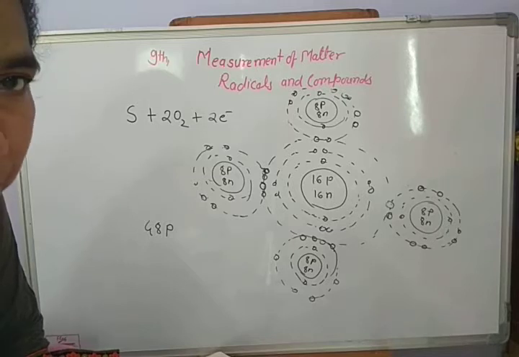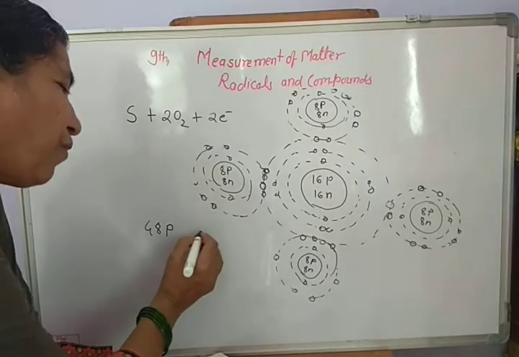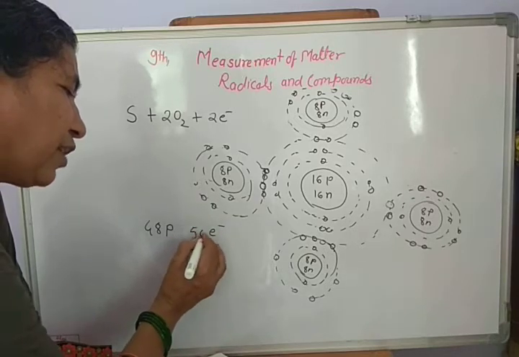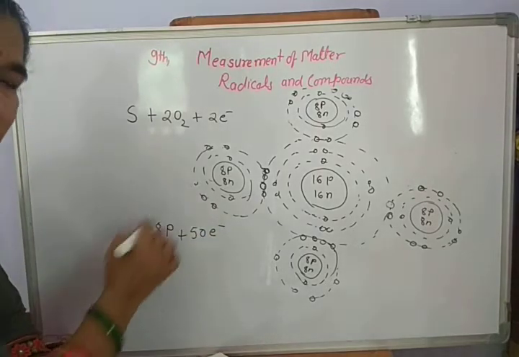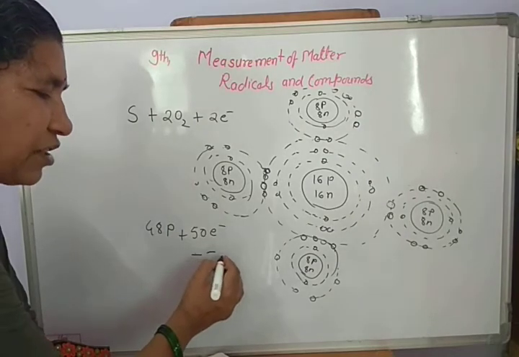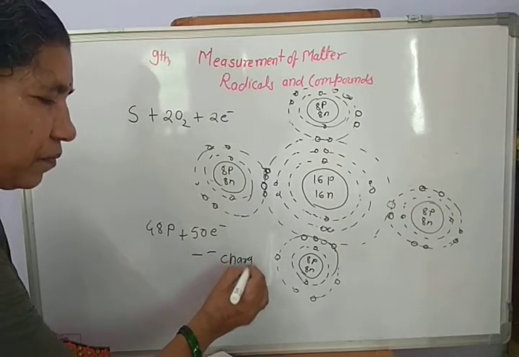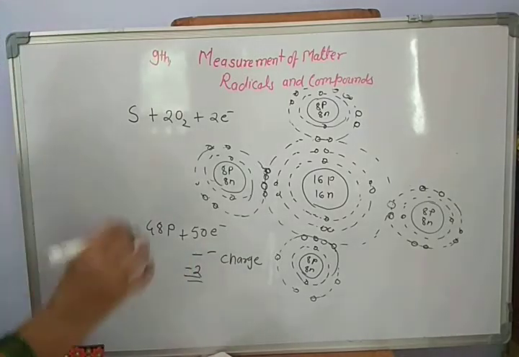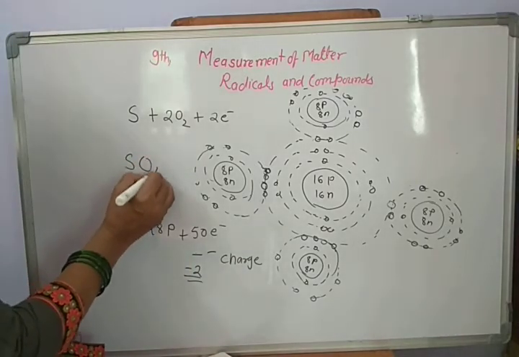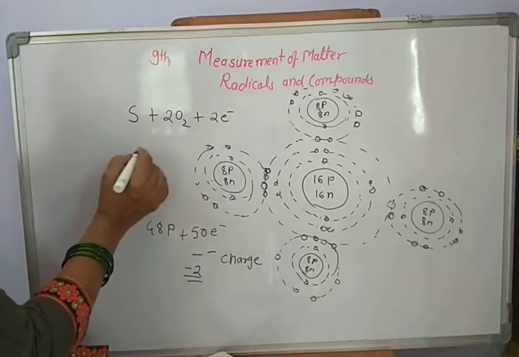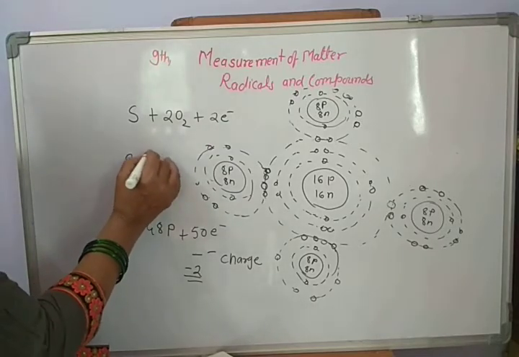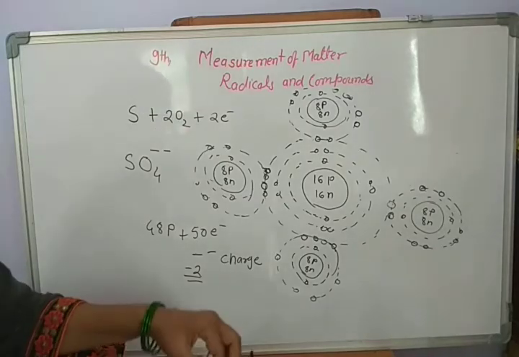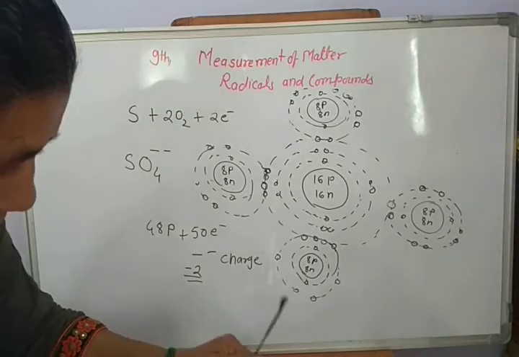Did you get my point? So 18. So there are 50 electrons in all. How many electrons are there? 50. So a total -2 charge is developed. And therefore the SO4 radical has a double minus charge.